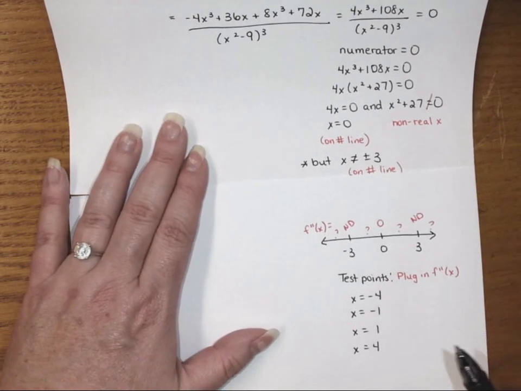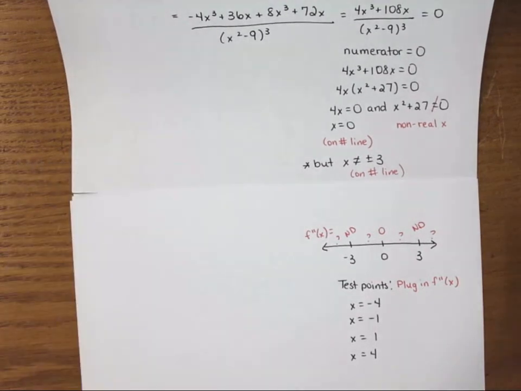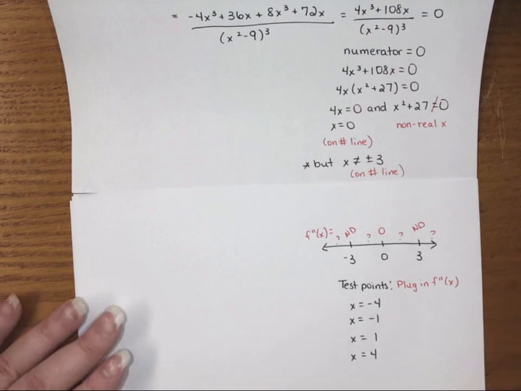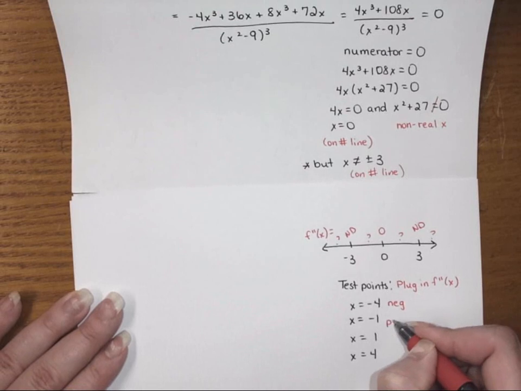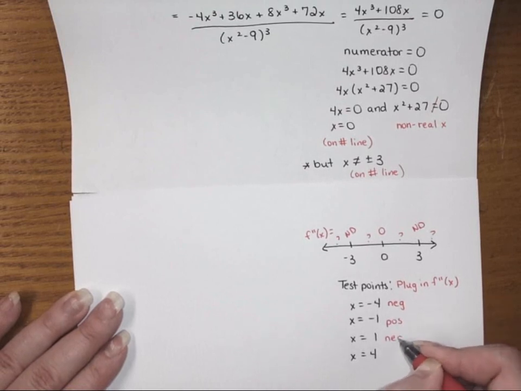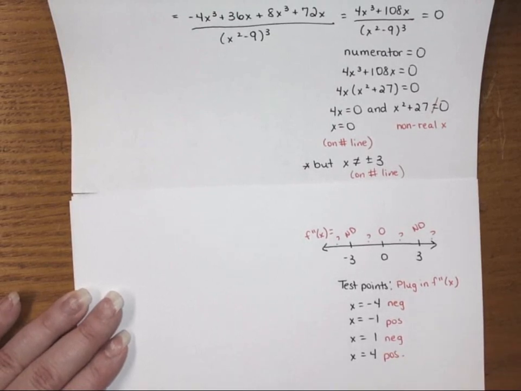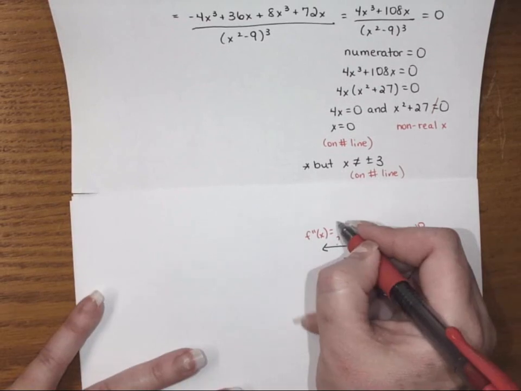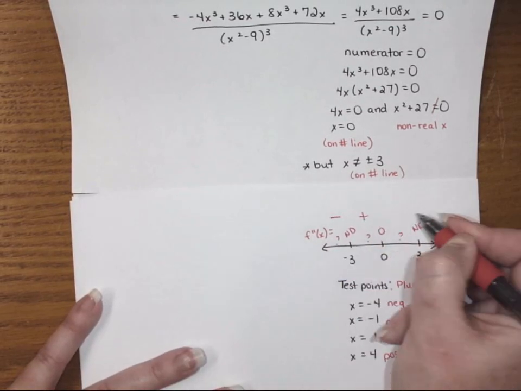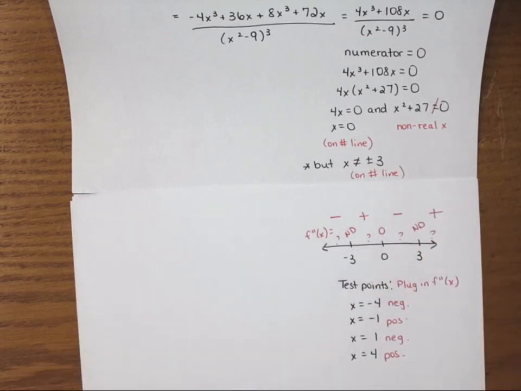If I were you, I would definitely use my calculator to give me some guidance there. I get a negative here, a positive here, a negative, and a positive. When I plug these all into the second derivative, that's what I get. So we have this pattern of negative, positive, negative, positive.